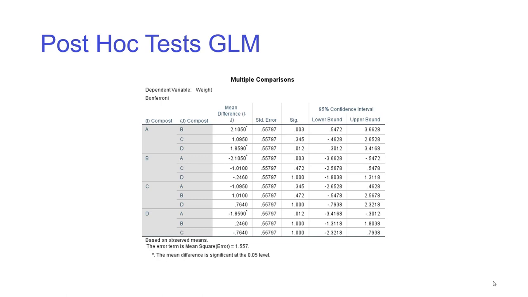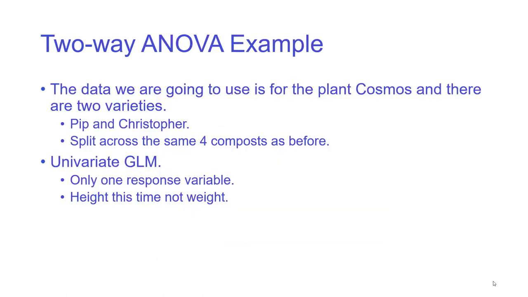You can also do the post hoc tests between the composts in the general linear model as well, and you get exactly the same sort of table as you would if you were doing it in the one-way ANOVA. Now for two-way ANOVA, we're going to use a related set of data for Cosmos plants, and there's two varieties which are called Pip and Christopher, and they're split across the same four composts as before.